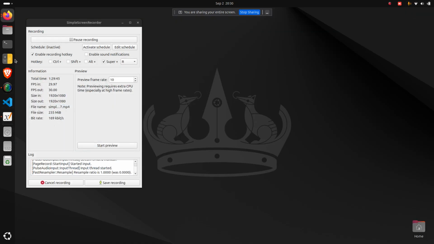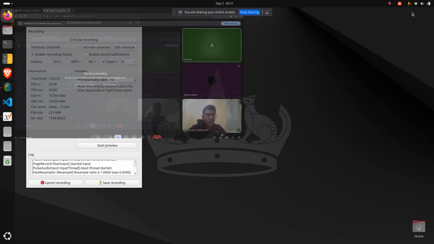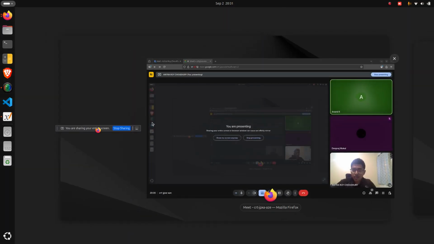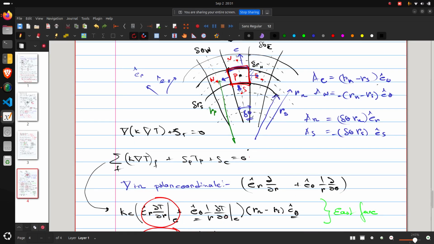Yeah, please. It refers to the centroid of the cell. So yeah, if we go here, this point, right? This is the centroid of the cell, right? Yes. RS is the radius where the south face is, right? Yes, this is the face.